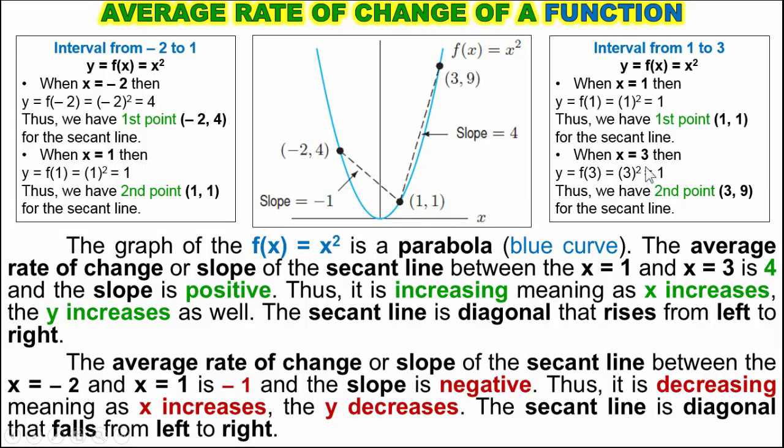When x is equal to 3, we plug in 3 to the variable x, 3 squared, the result is 9. Correction, it is 9. Thus, we have the second point at coordinate 3 and 9. And then we connect the first point to the second point, and here lies the secant line. The slope is positive 4, which is increasing.